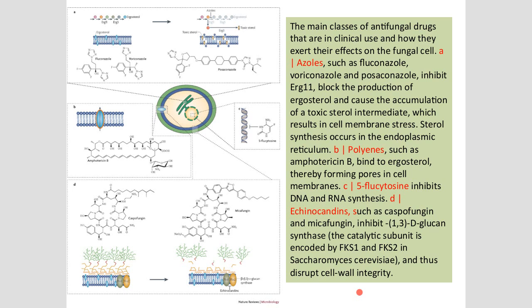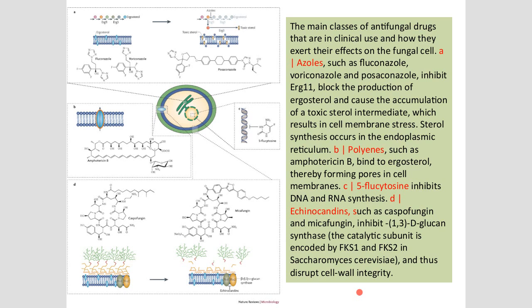The typical example of the drug is amphotericin B, which binds to ergosterol and therefore forms pores in the cell membrane. We talked about osmotic disruption of a microorganism when something, even by immune mechanism, pokes pores into the cell membrane, and that may kill the cell. So you can see polyenes are there.